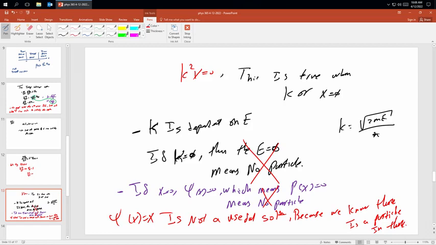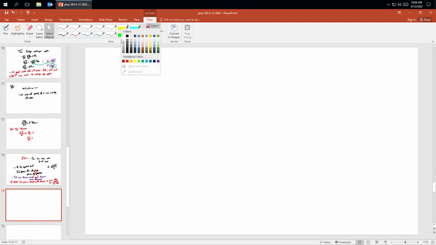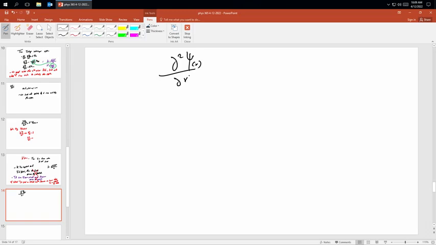Okay, so psi of x equals x is not going to work. All right? Usually, because we have an equation that gives a wave, we're going to define the solution as a sine and a cosine wave. So the equation is d2 psi of x over dx squared plus k squared psi of x equal to 0.